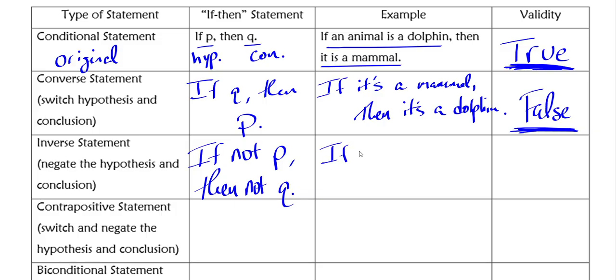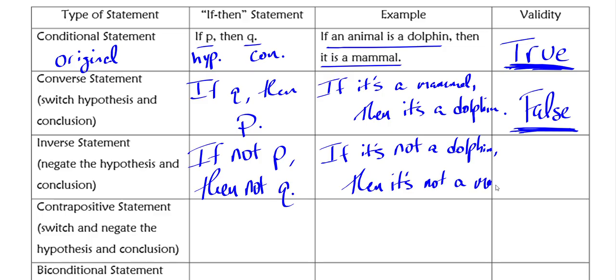Keeping the order the same, if it's not a dolphin, then it's not a mammal. The same counterexample works. A dog is not a dolphin, but it is a mammal. That's false.